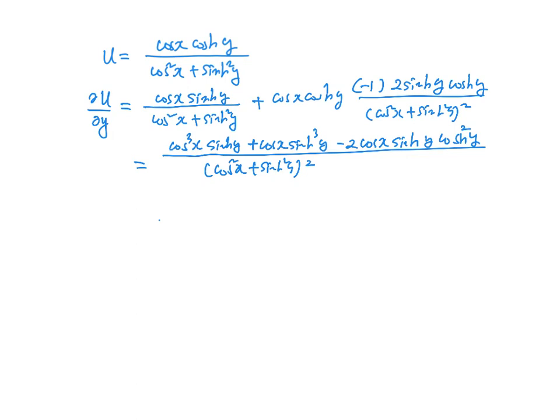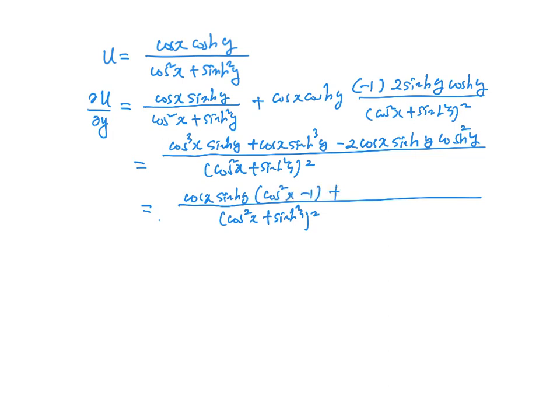Oh, it looks complicated. So let's divide by 1 each. What happens? The first term, cosine x sine hyperbolic y, we have cosine square x minus 1, right?